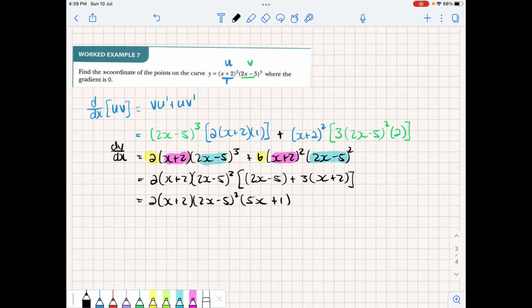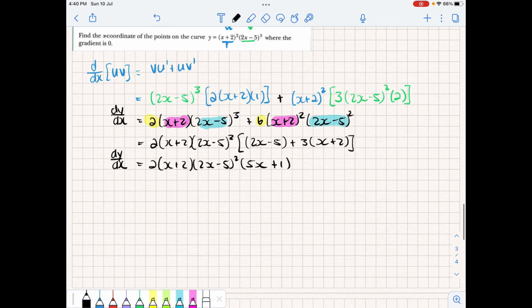Okay, so now it's factorized and ready. So this is my gradient function, and I want to know at what x coordinates this gradient function is equal to 0. So we're going to set it equal to 0. So we'll say when dy by dx is equal to 0, so when the gradient function is equal to 0, then 2(x plus 2)(2x minus 5) squared (5x plus 1) must be equal to 0.